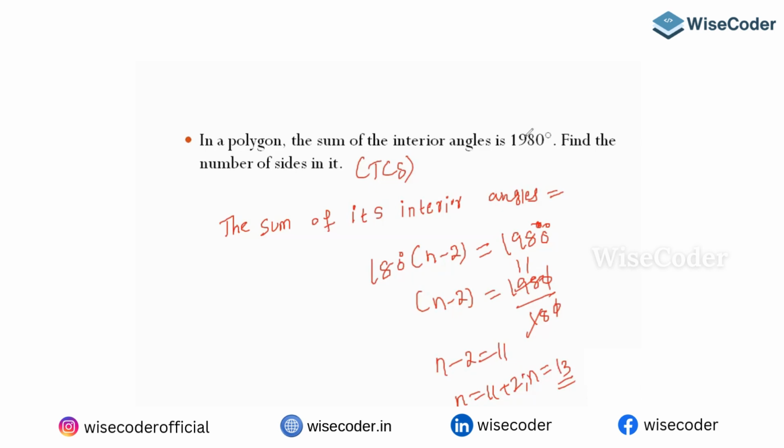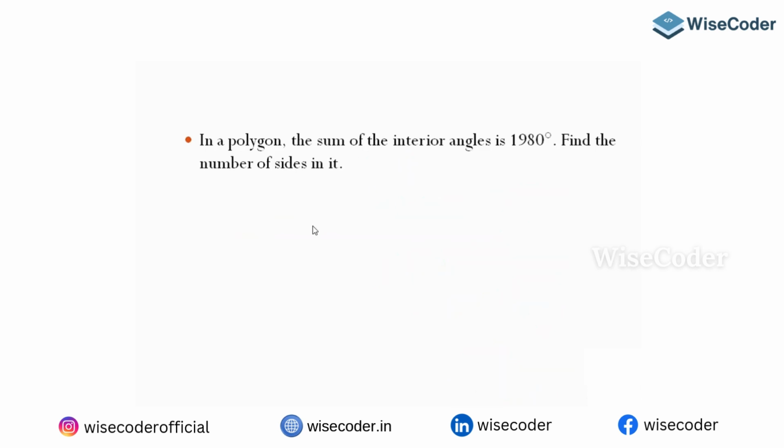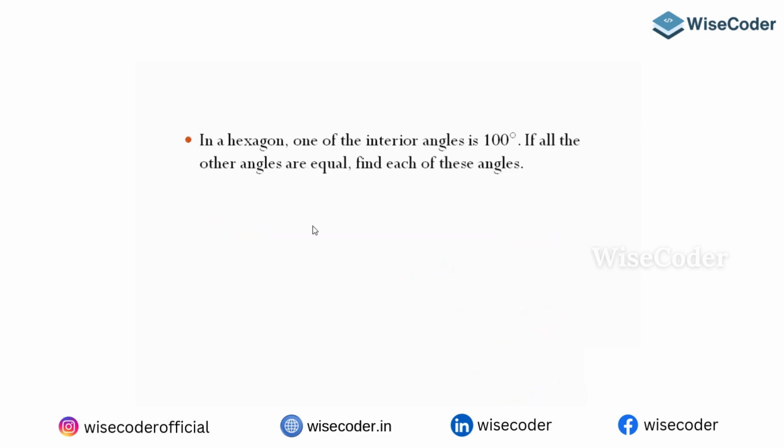Okay, so let's go to the next question, and that's going to be our last question of the geometry. So in a hexagon, one of the interior angles is 100 degrees. If all the other angles are equal, find each of these angles.